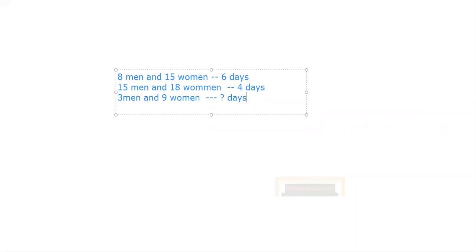How long would 3 men and 9 women take to complete the same work? So 8 men and 15 women can complete the work in 6 days, and 15 men and 18 women can complete the work in 4 days. So how long will it take for 3 men and 9 women to complete the work?